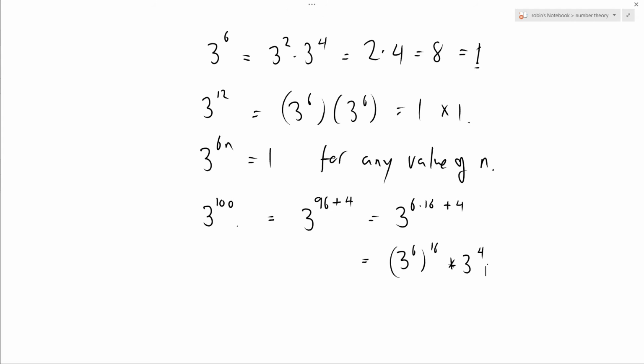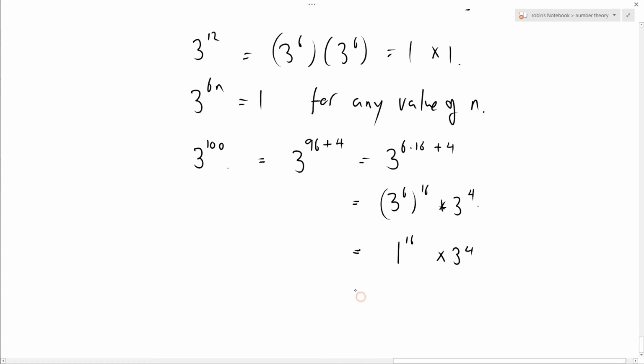See, I'm using the properties of powers over and over again. Equals 1 to the power 16 times 3 to the 4, which equals 3 to the power 4.